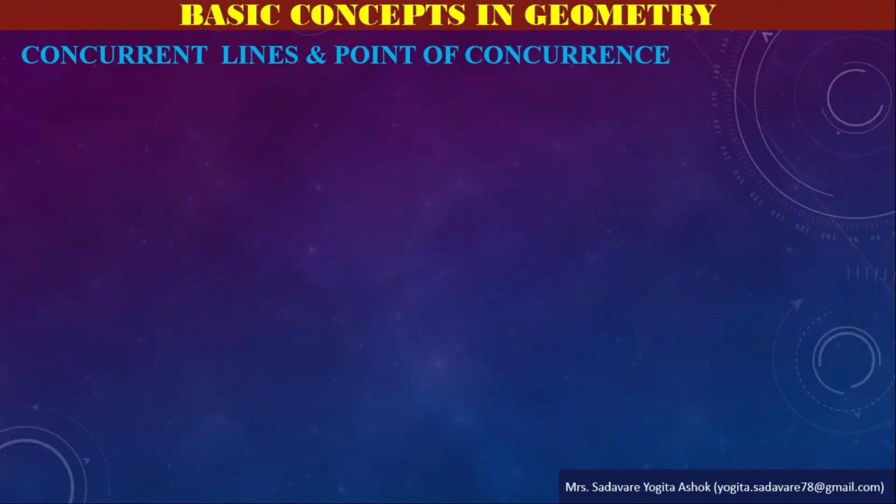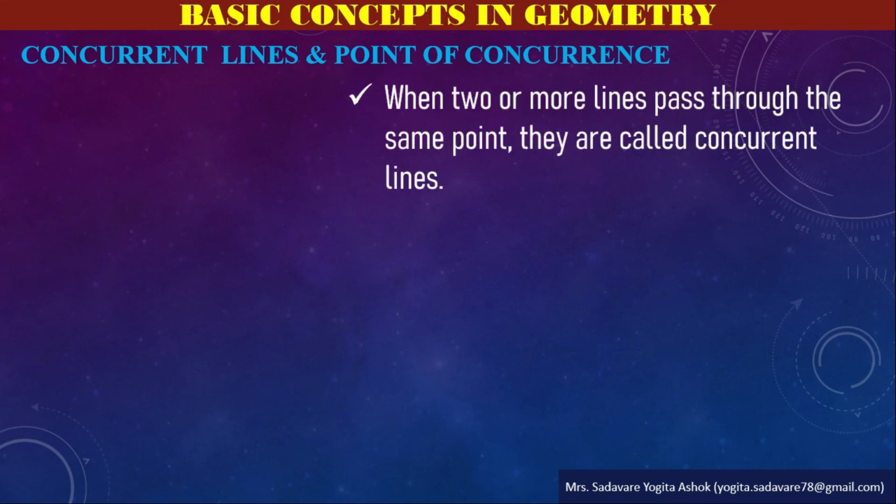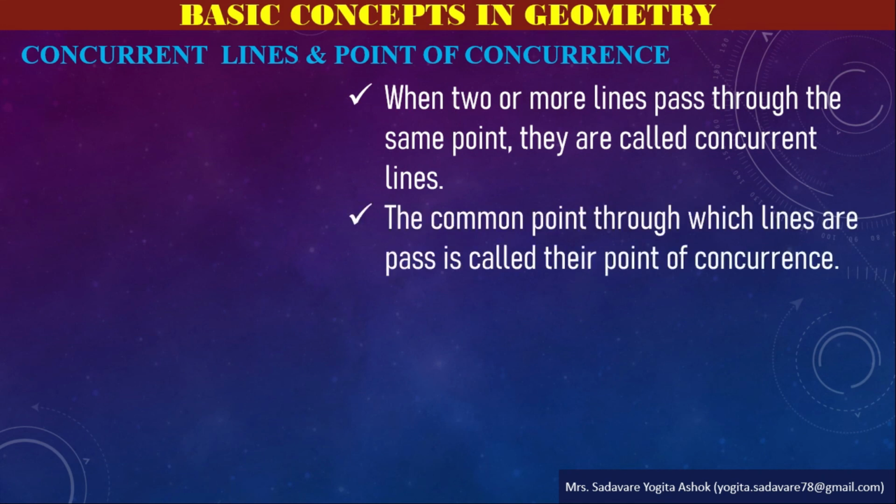Concurrent lines and point of concurrency. When 2 or more lines pass through the same point, they are called concurrent lines. The common point through which the lines pass is called their point of concurrency.